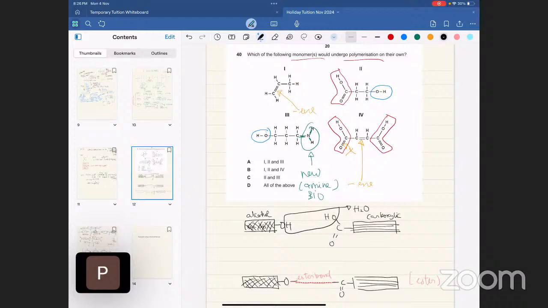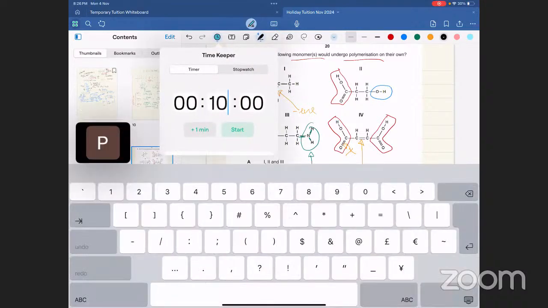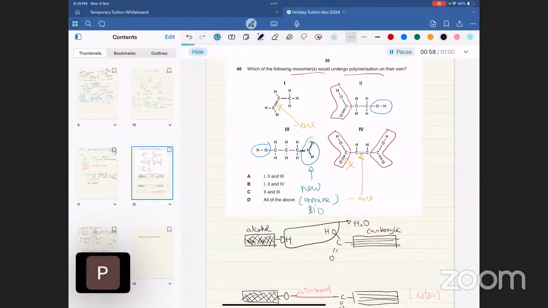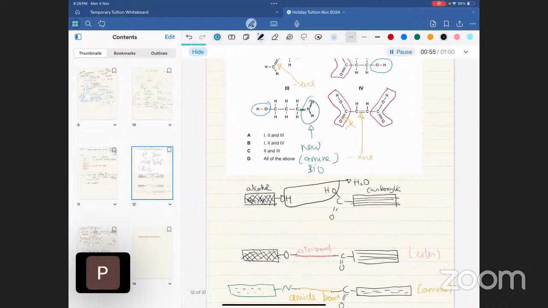Ester bond, ester, esterification. This is not yet polymerization, but this is the basic. Please write this down. You need this as your note. I'll give you around 1 minute. If you have any question, now is a good time to ask.